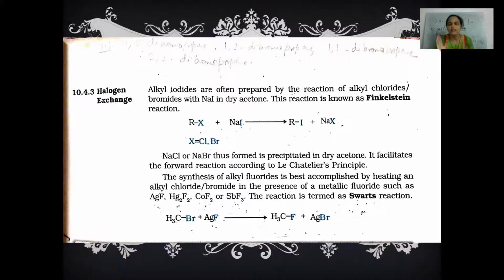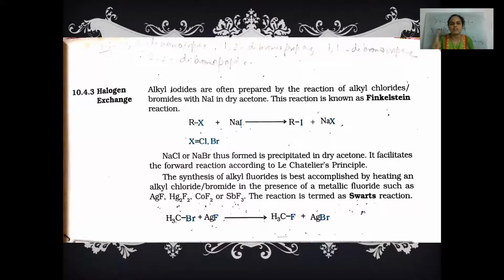Remember that the Finkelstein reaction is used for the preparation of alkyl iodides. When an alkyl chloride or bromide is treated with sodium iodide in the presence of dry acetone, it gives alkyl iodide plus sodium halide, NaX. So this is the first halogen exchange reaction, the Finkelstein reaction.